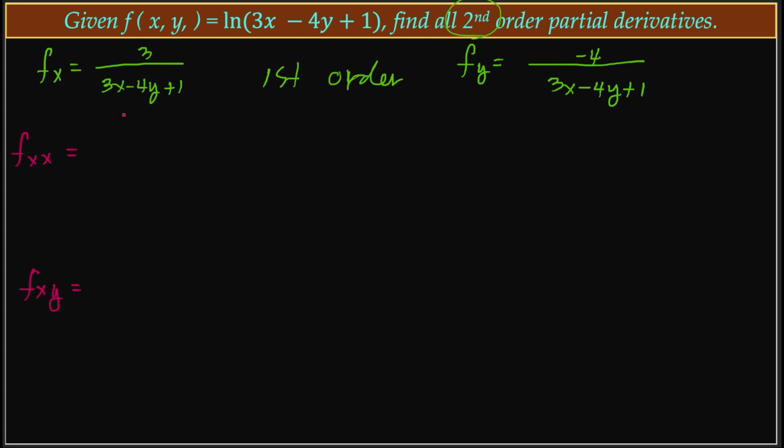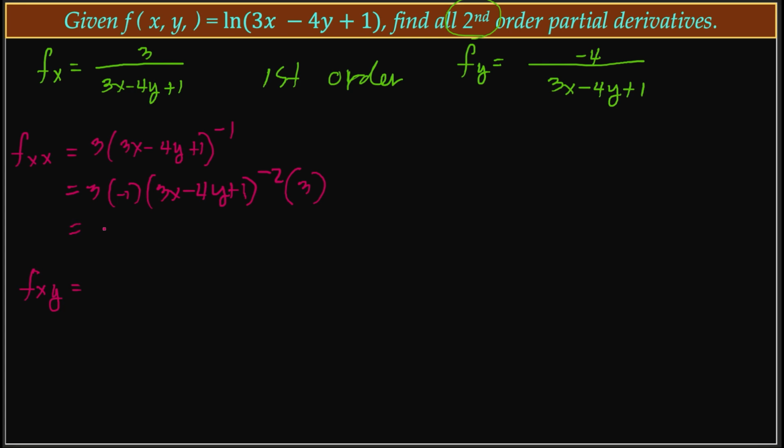First step is to rewrite the expression in exponential form as 3 times 3x minus 4y plus 1 raised to negative 1. So constant po yung ating 3. And with respect to x, this will become chain rule once again. This will become negative 1 times the inside function. The inside function is 3x minus 4y plus 1 raised to negative 2 times the derivative of the inside function with respect to x, which is 3.